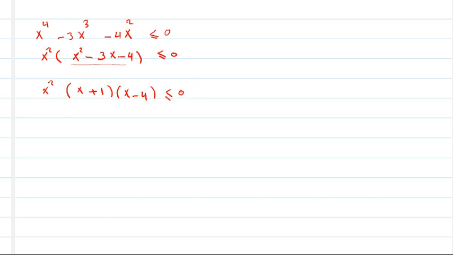We need to check for the signs in order to decide the solutions. We have x squared, which is always positive. x squared can't be negative. So we will check for those two factors. We have here points of interest -1 and +4.